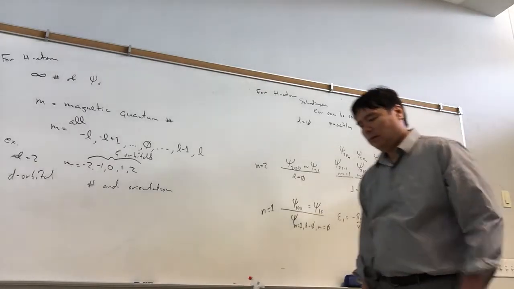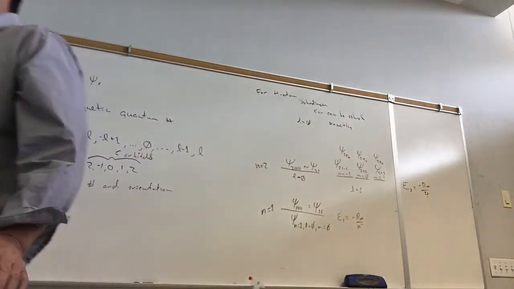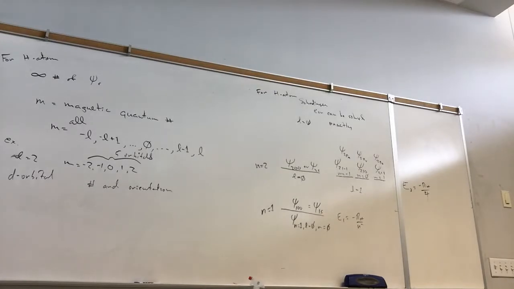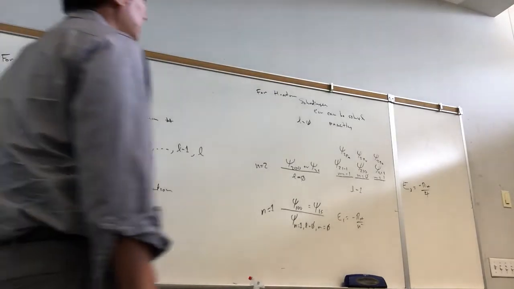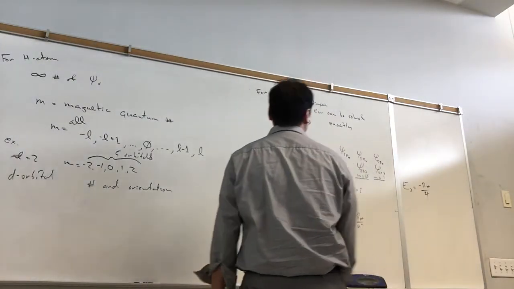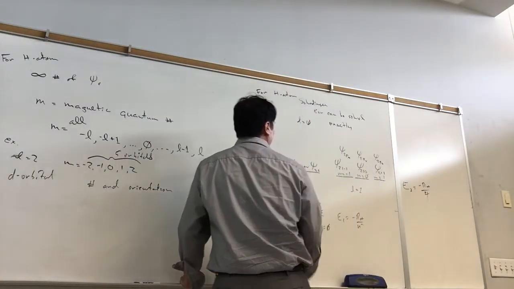Okay, now based on the mathematical pattern, we can generate all the orbitals for the hydrogen atom. And there are some other patterns here that you might start to recognize.